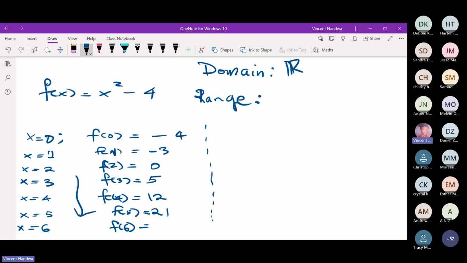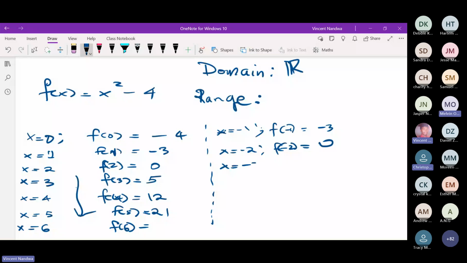If you were to pick, say, x equals -1, then what is the value of f of -1? -3. When x is -2, f of -2? 0.